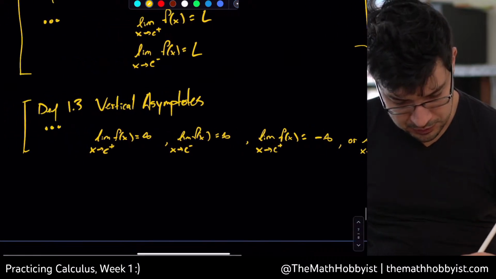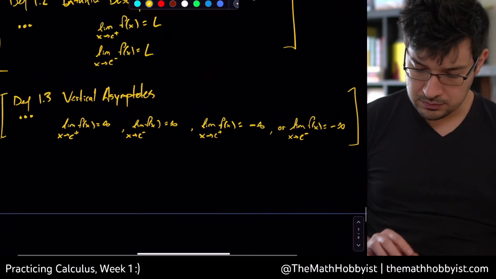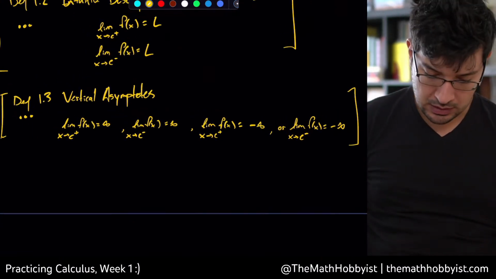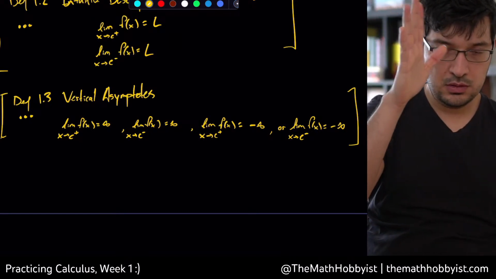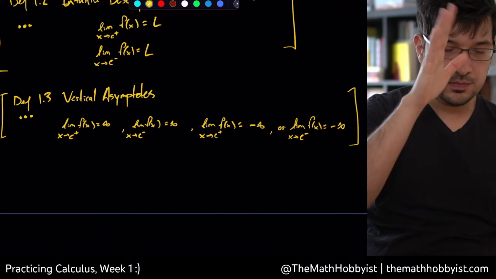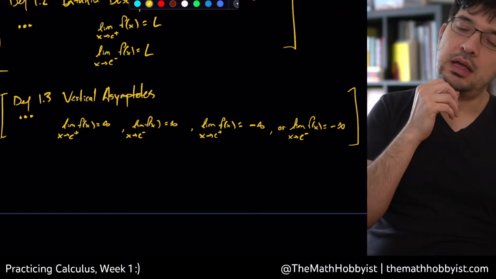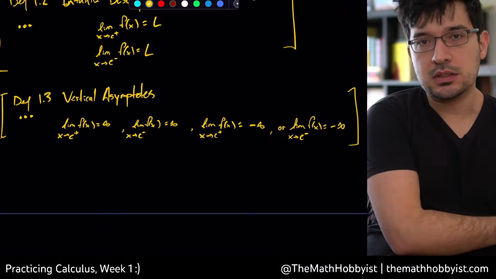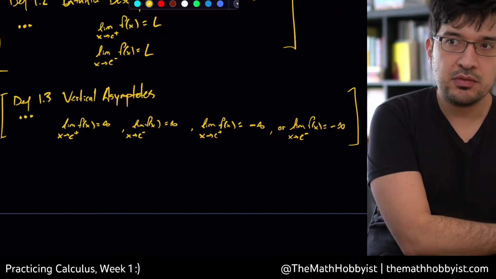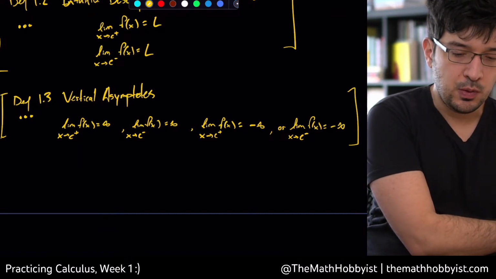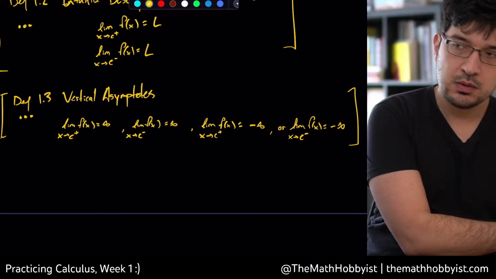We've got a bunch of words, and then these are the cases that define a vertical asymptote: the limit of f of x grows without bound as the variable tends to a point from the left or the right or both.